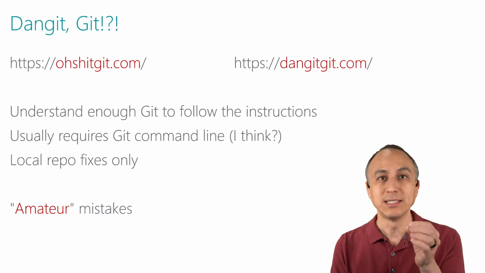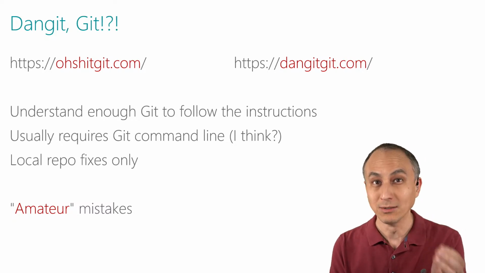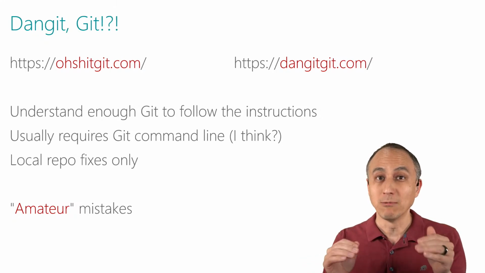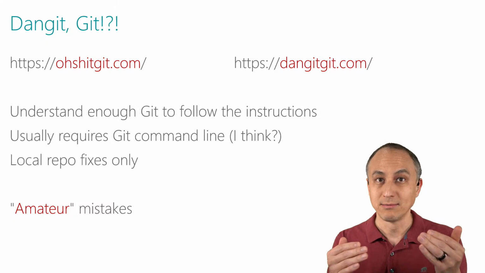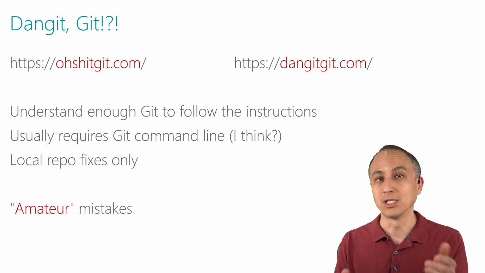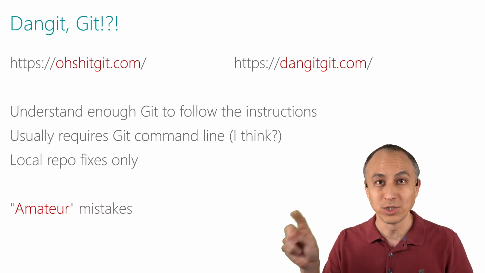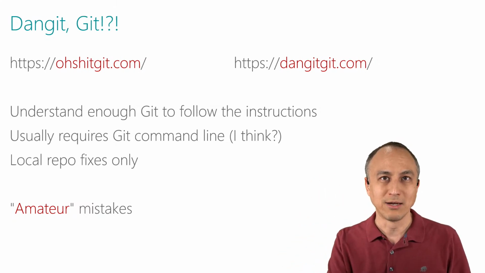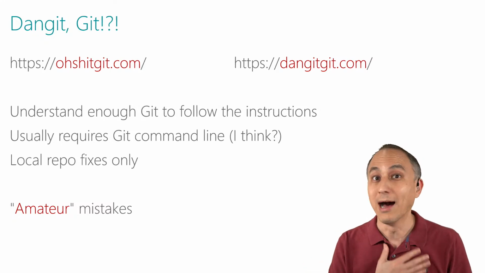related to that first point, it does usually require the Git command line. So if you have never used Git at the command line, it would probably be prudent for you not to attempt any of these instructions. If you only use Git in Visual Studio by clicking pretty little icons, you will quickly be out of your depth trying to follow any of these instructions, in my humble opinion. I certainly would be.